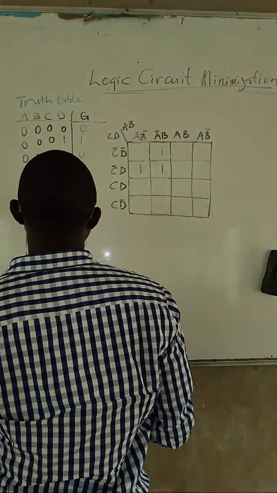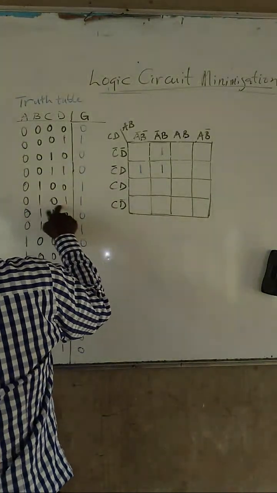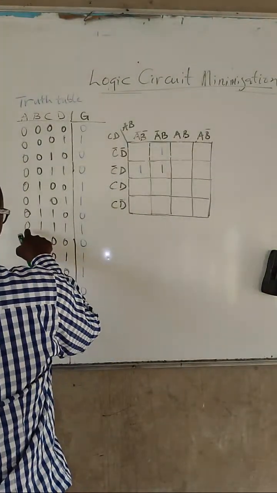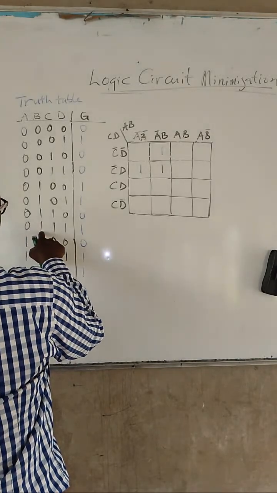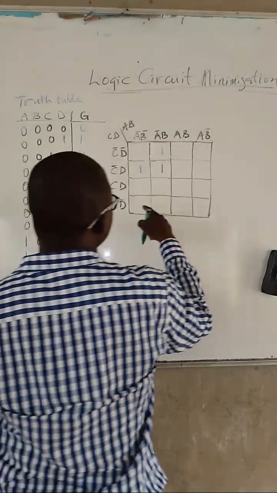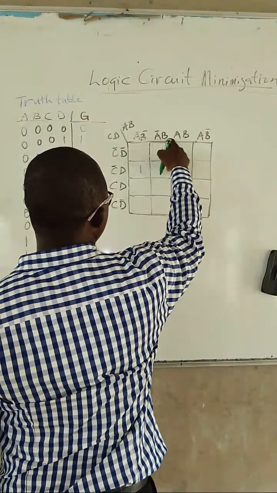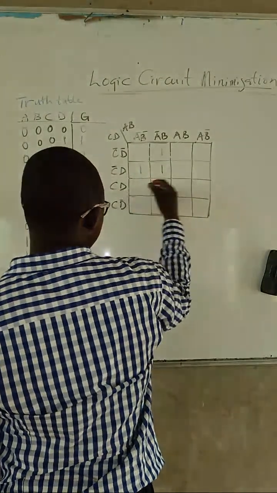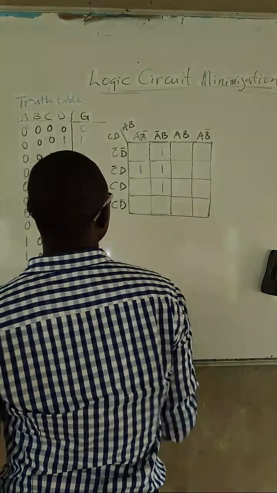Okay? And the next one, A bar B, C D. This particular cell here.